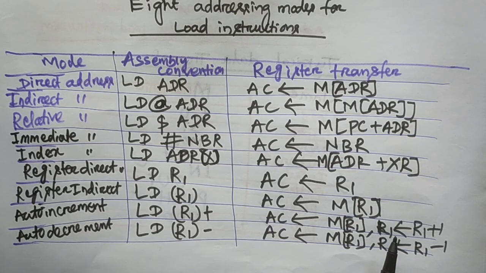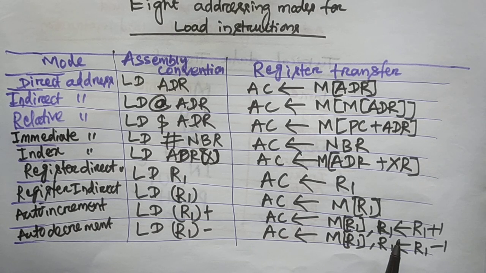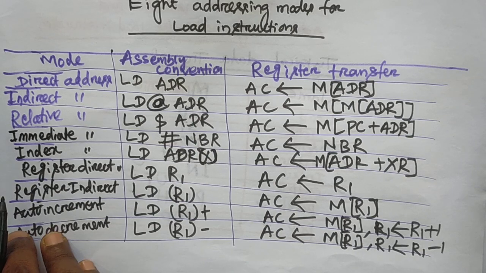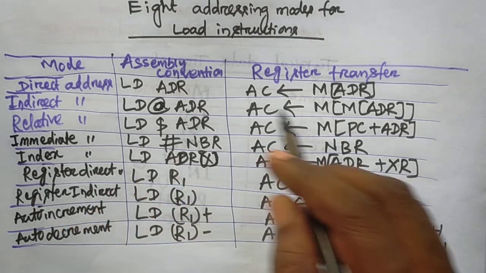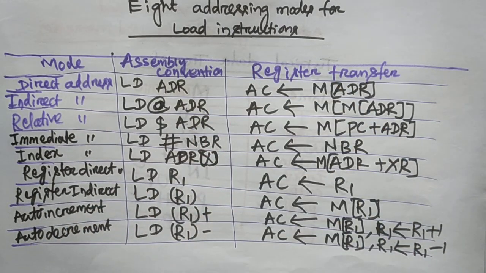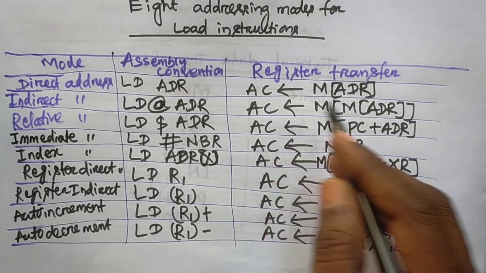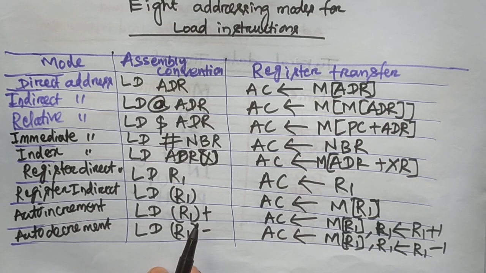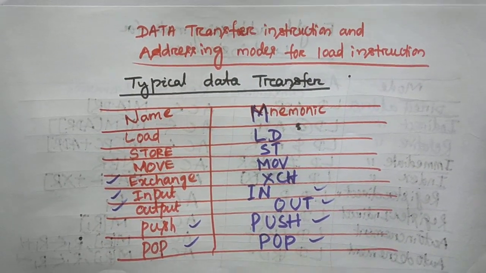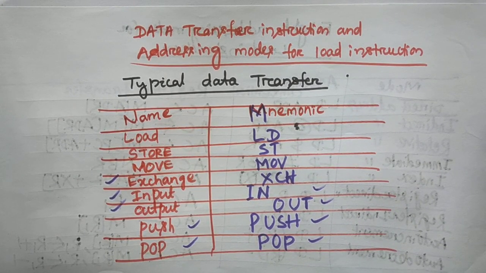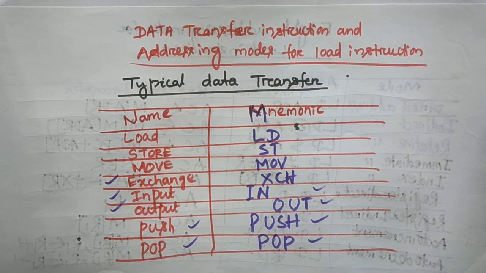This is the basic concept of the load instruction, how register transfer and assembly convention are used. This is the part on addressing modes for load instruction, so I complete data transfer instructions and addressing modes for load instruction.